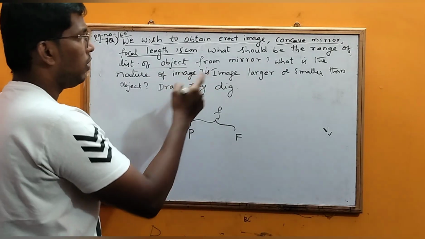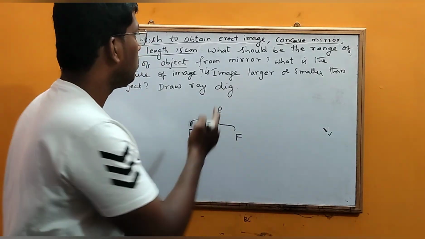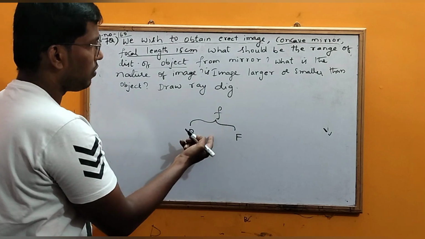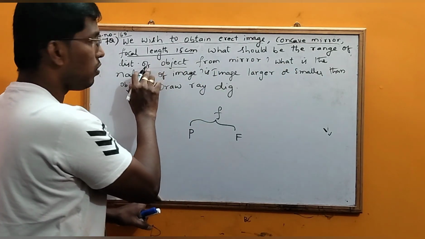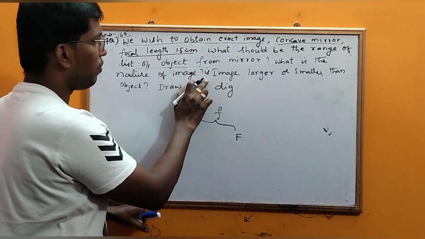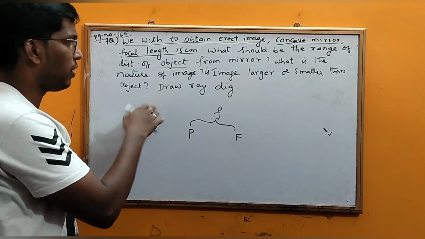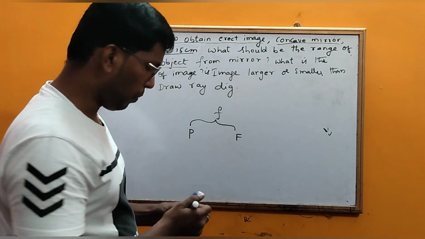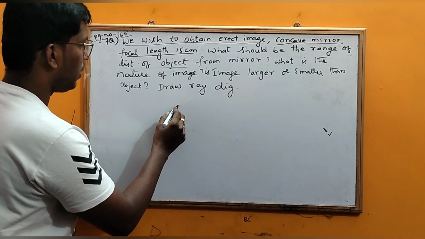So he is asking the range of the object distance. Focal length is given, and what should be the range of the distance of the object from the mirror? What is the nature of the image? Is the image larger or smaller than the object? Draw the ray diagram. Very simple, very easy question. So let us try to understand it.